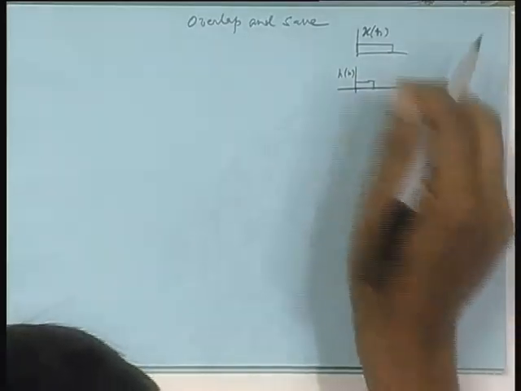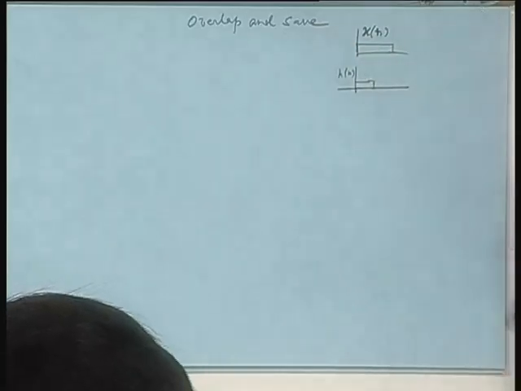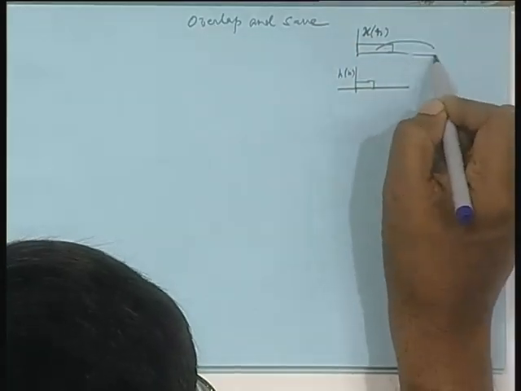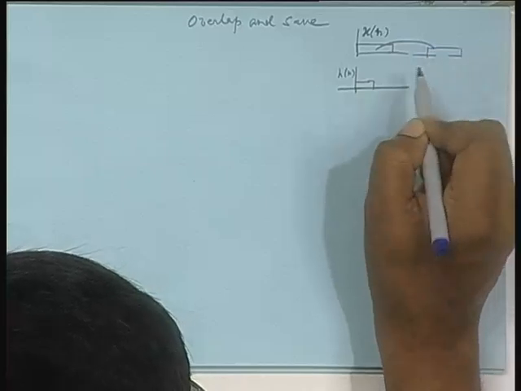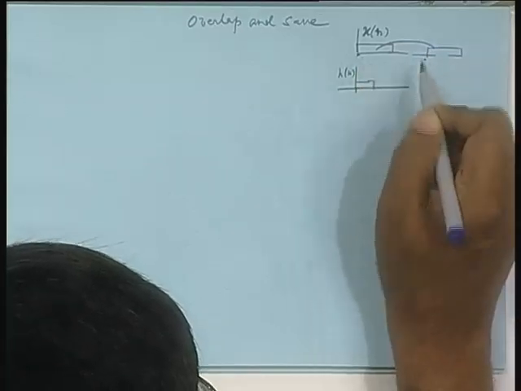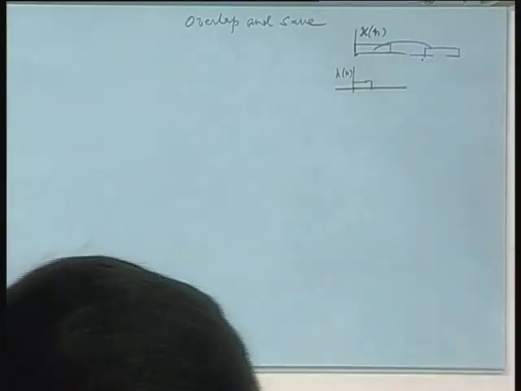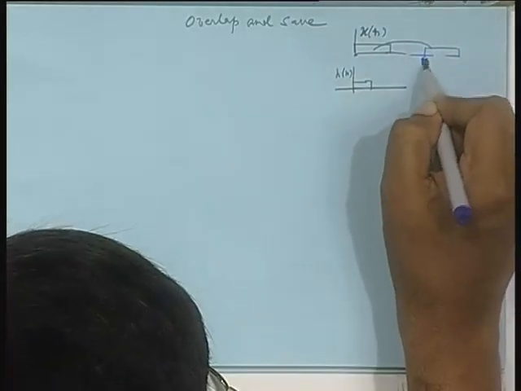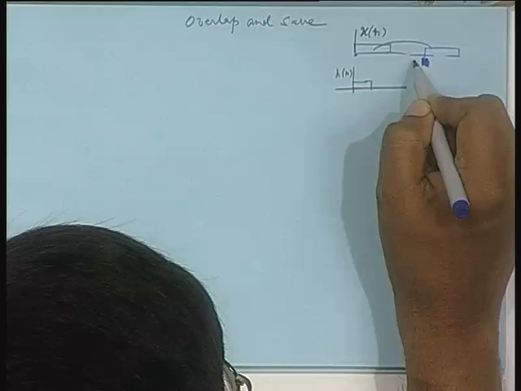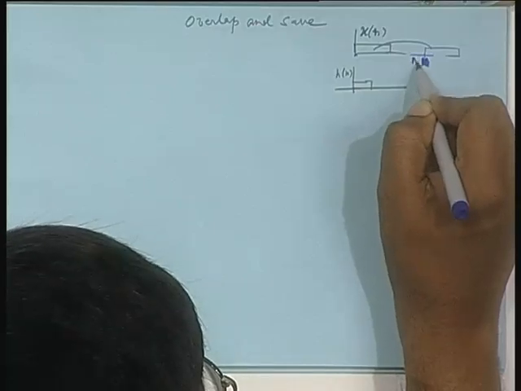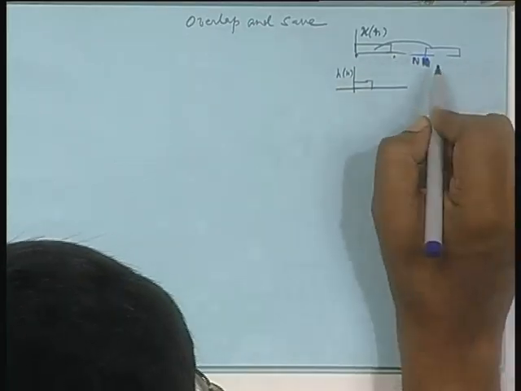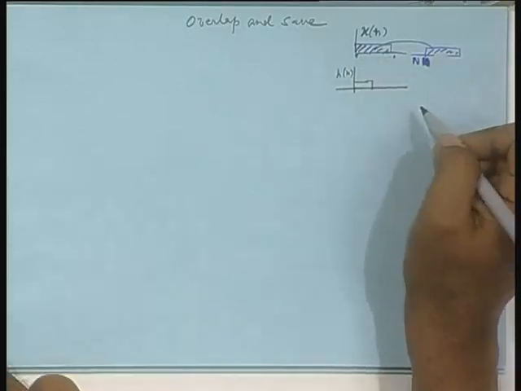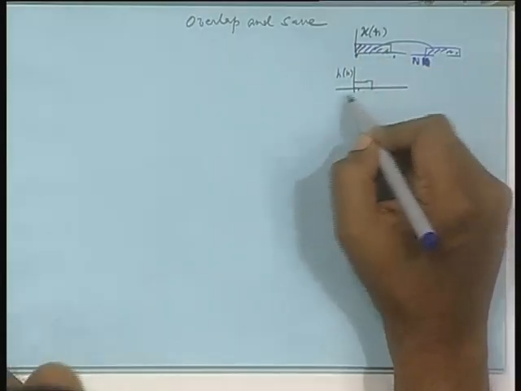My point is, suppose instead of this, this x n is shifted here, that is this goes to a point say capital N, this entire thing, this guy has come here, and I am convolving the two.